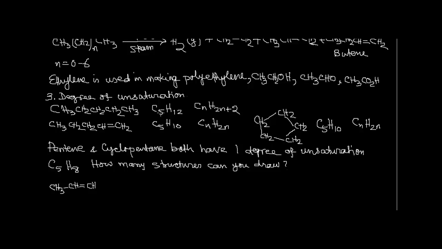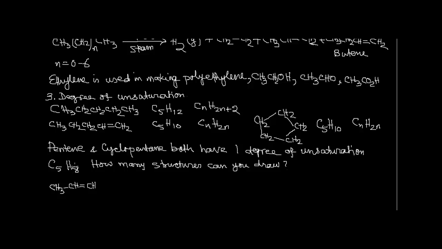See, for pentane, where there is no double bond, the formula is C5H12. When in the pentene there is one double bond, which is less by 2 hydrogen atoms, the formula is C5H10. So the number of hydrogen atoms decreased by 2. This one is C5H8.